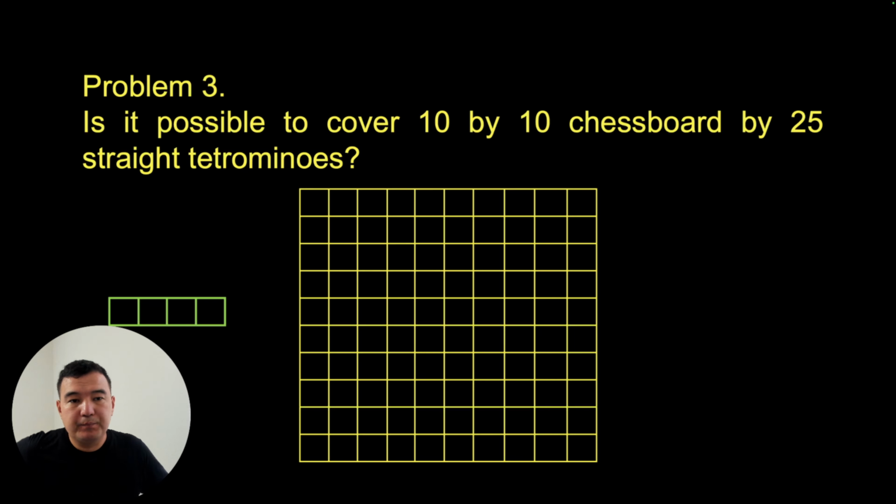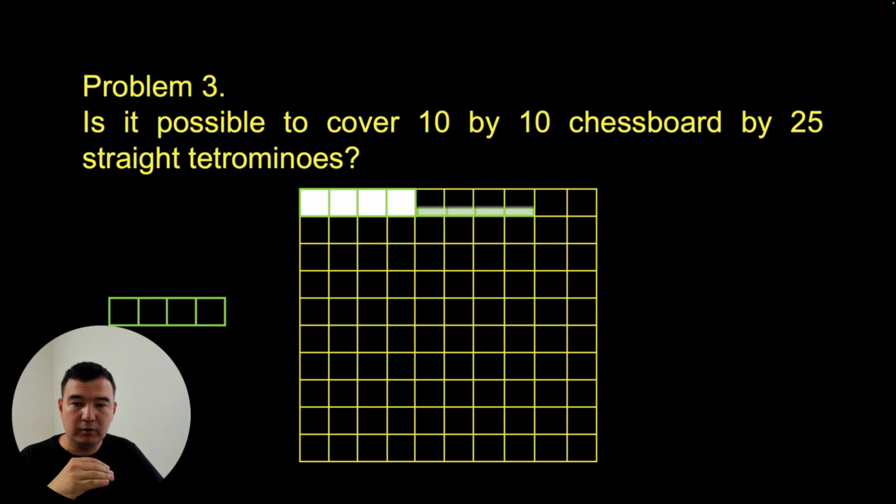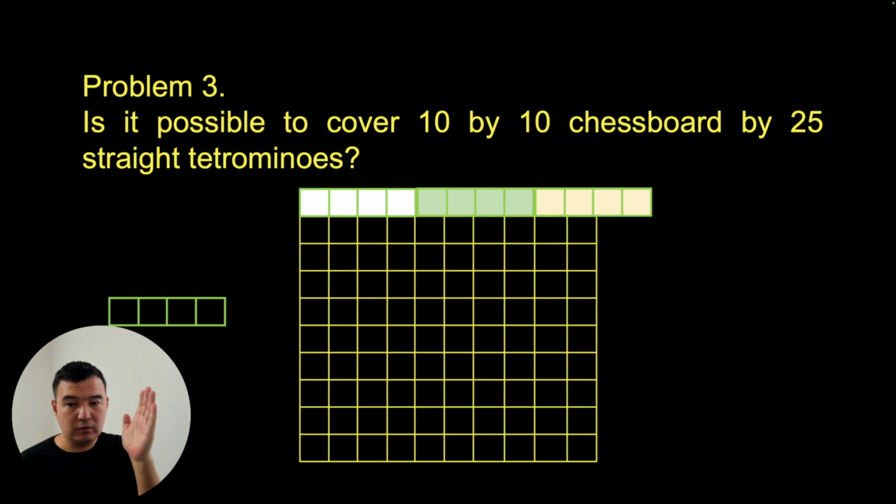The problem here, since 10 is not divisible by 4, if you try to do the tiling straightforward, put one Tetromino and then another one, you cannot put the third one here, right? Because the third one will overflow the board. So which means you have to make it vertical.